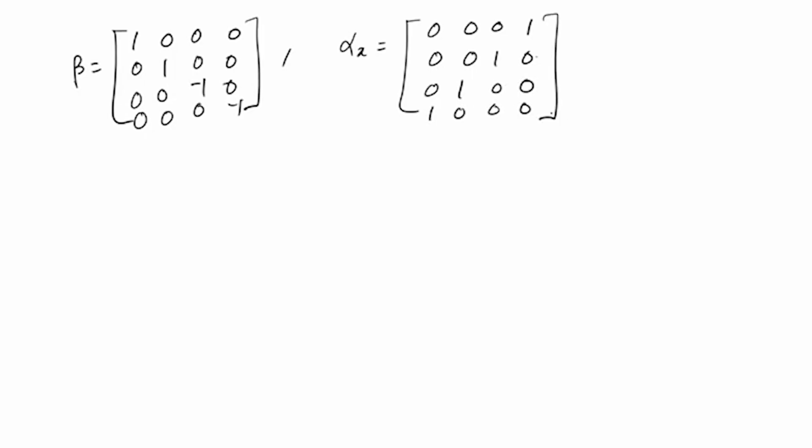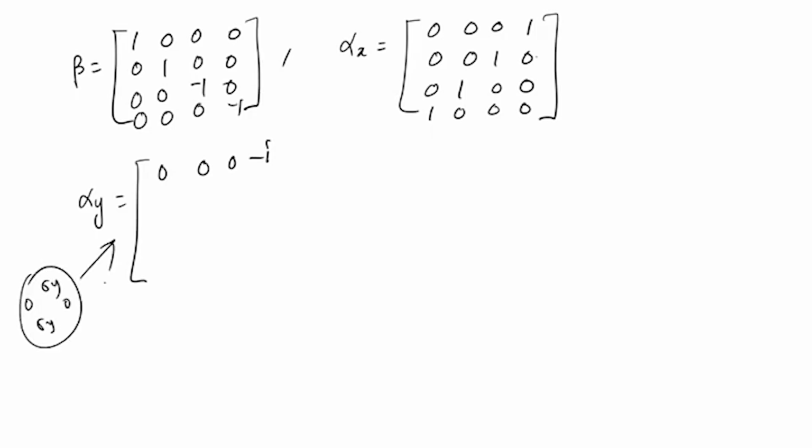You can check that all of them are Hermitian. Even though alpha y will have i there, it is still Hermitian. So, it has a structure like 0 sigma y, sigma y 0. This structure is reflected here, and the 0 sigma x, sigma x 0 structure is reflected here. So, 0 0 0 minus i, 0 0 i 0, then 0 minus i 0 0, then i 0 0 0.